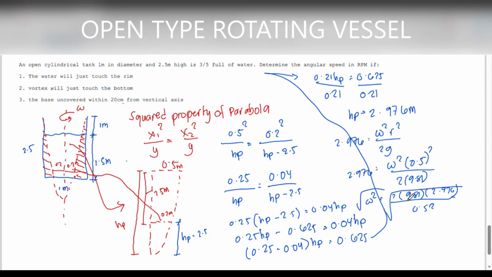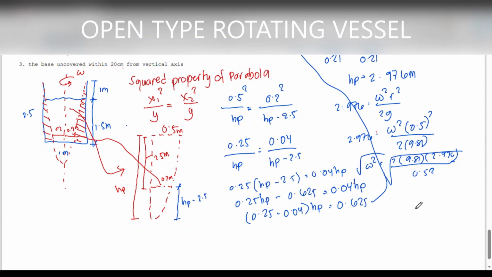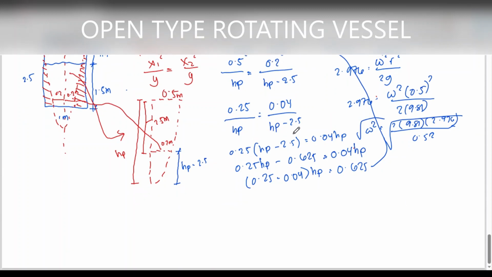Extracting our square root, your omega will now be equal to 15.28 rad per sec.